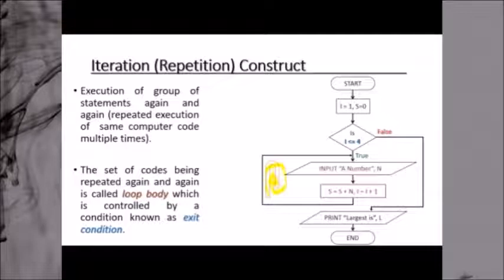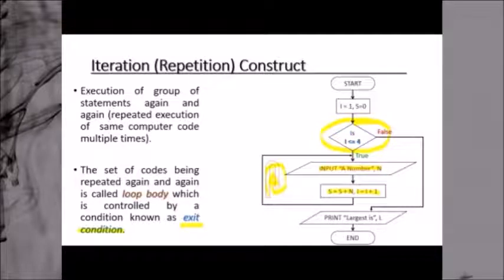So here are two things. The condition, and when this condition is false, then you exit from the loop. So this condition is called your exit criteria or exit condition. And these are the statements which are going to be repeated: statement 1, statement 2 and statement 3.